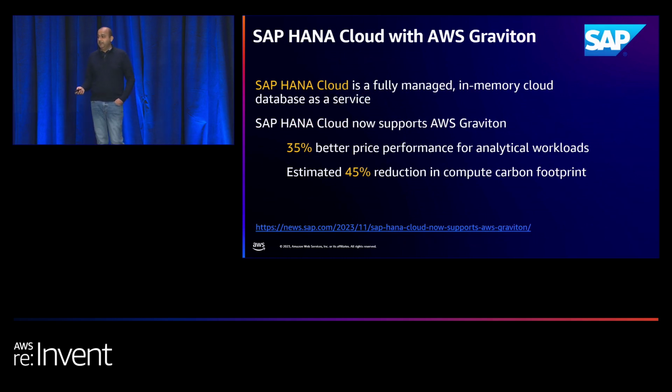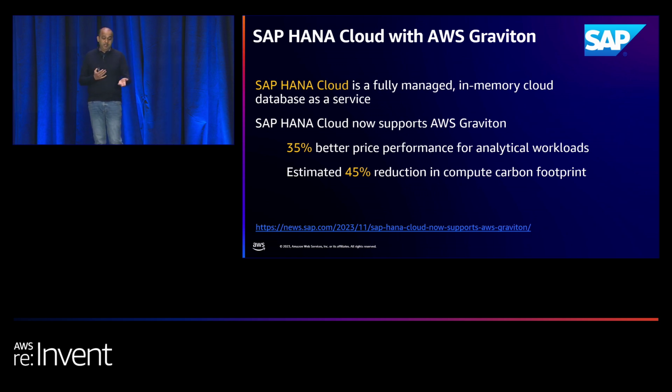Talking about databases, we had a really exciting announcement just earlier this month with SAP HANA Cloud. For context, SAP HANA Cloud is a fully managed in-memory cloud database service. SAP and AWS have been collaborating over the last several months to port HANA Cloud to Graviton, and just earlier this month, that's now generally available.